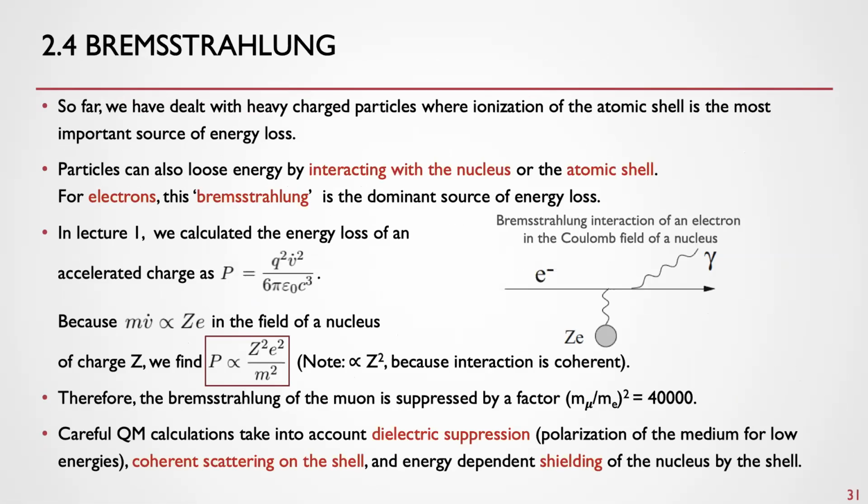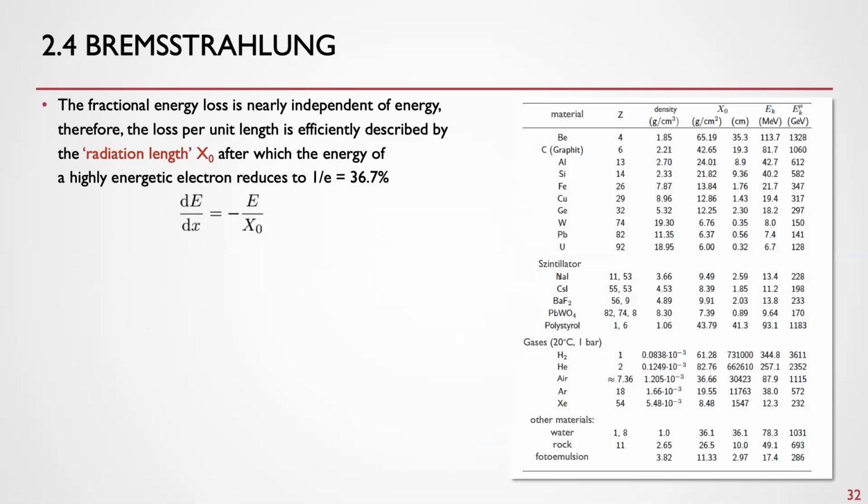Now, we don't do a careful and comprehensive calculation here because one needs to take into account dielectric suppression, polarization of the medium for low energies, coherent scattering, and all the shielding effects that are relevant in atomic physics.